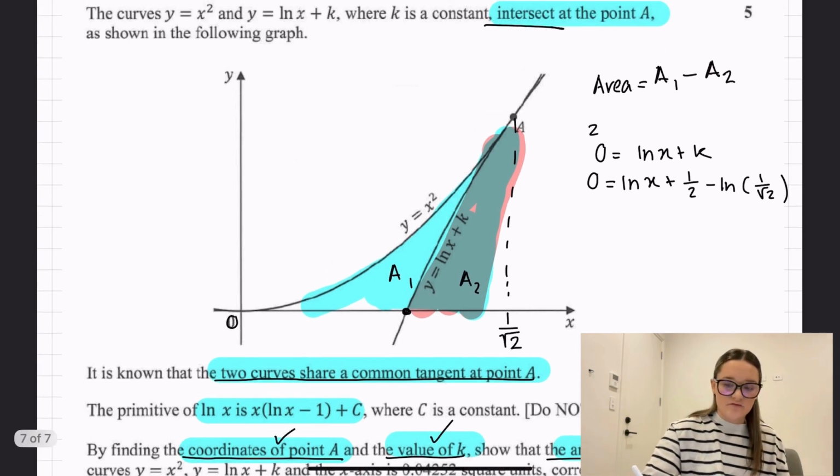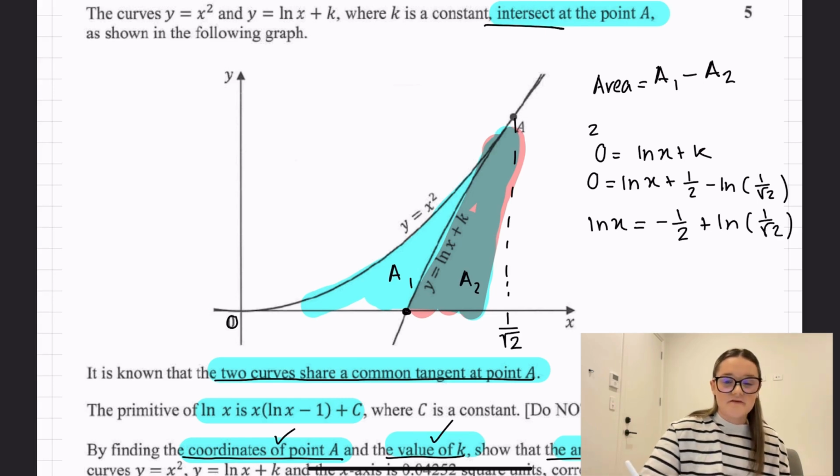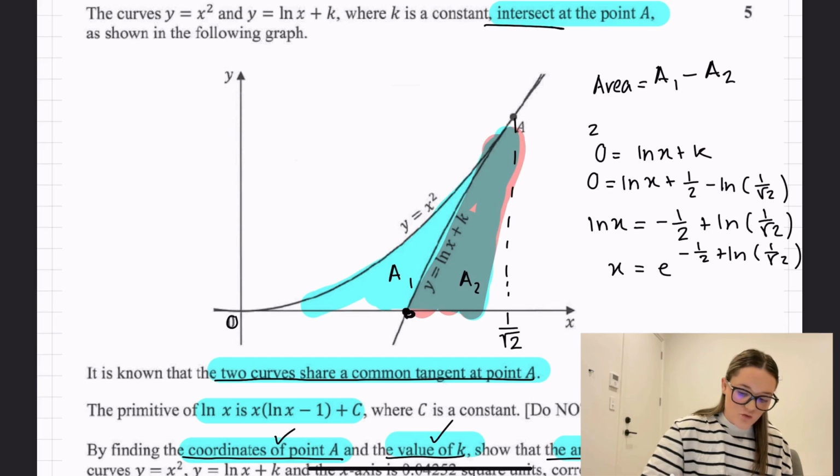And then I want to keep solving for x. So ln x is equal to negative a half plus ln 1 on root 2. And therefore I'm going to find my x by raising both sides to the power of e. So x is going to equal e to the negative a half plus ln 1 on root 2. And that's my value at this coordinate here.